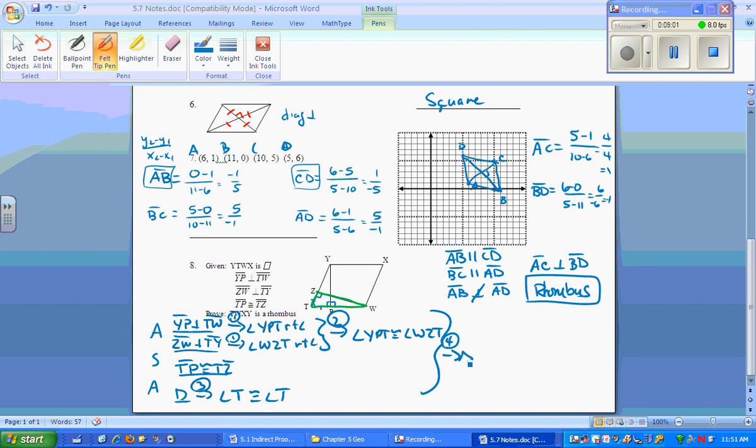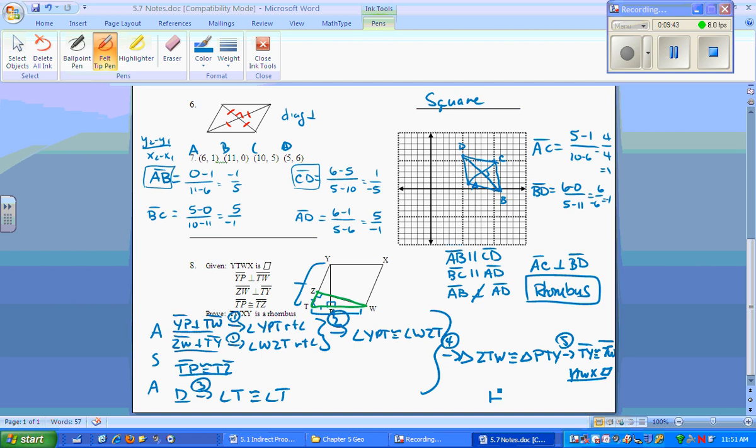We're able to get up to reason 4, the triangle ZTW is congruent to triangle PTY, which then we're able to say that TY is congruent to TW, which, if this side is congruent to this side, and we know it's a parallelogram, then YTWX is a parallelogram.